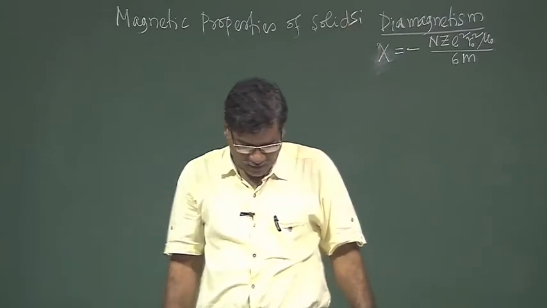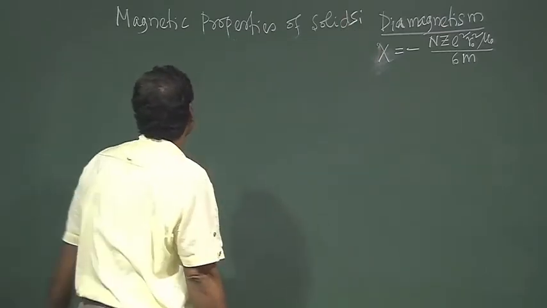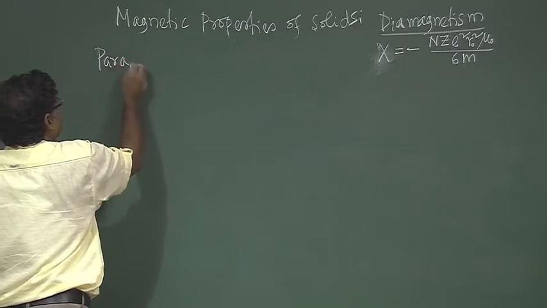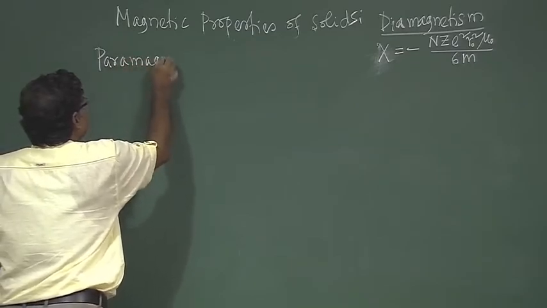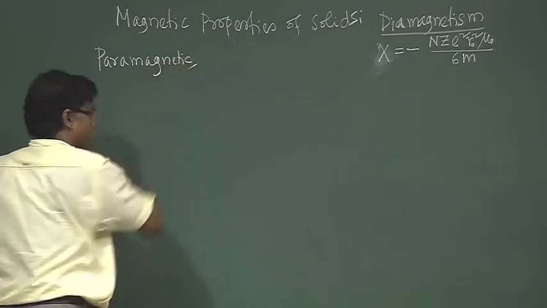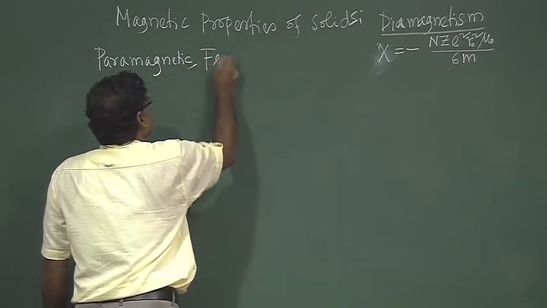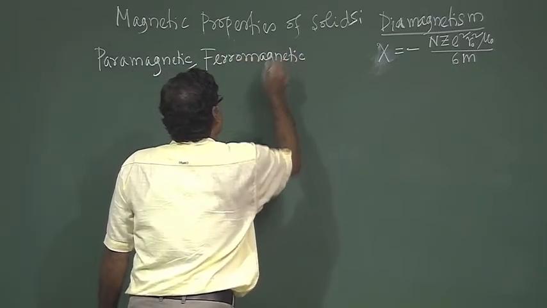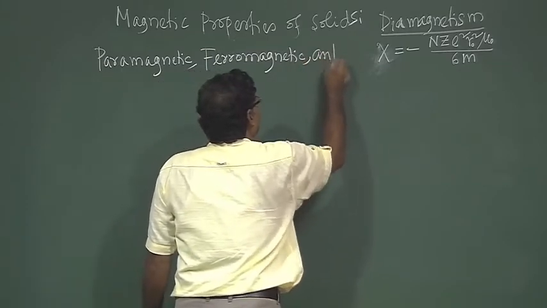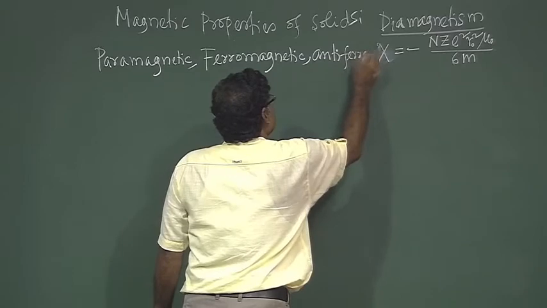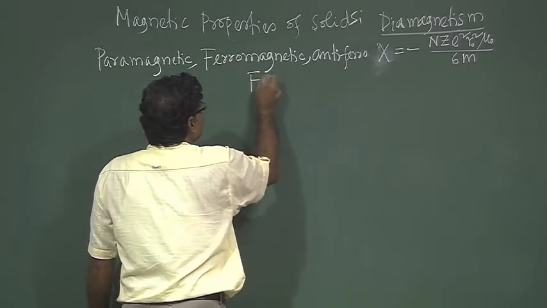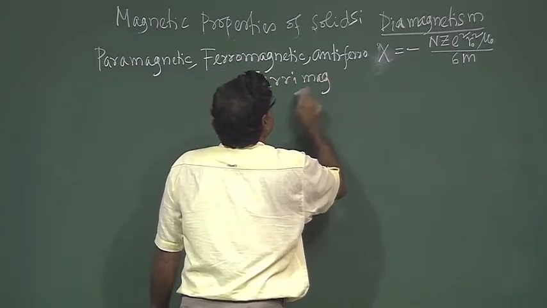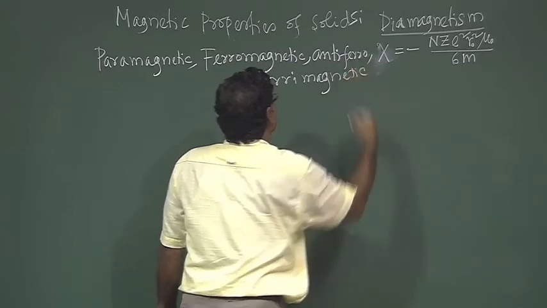Next, we have the paramagnetic, ferromagnetic, antiferromagnetic, and ferrimagnetic types.